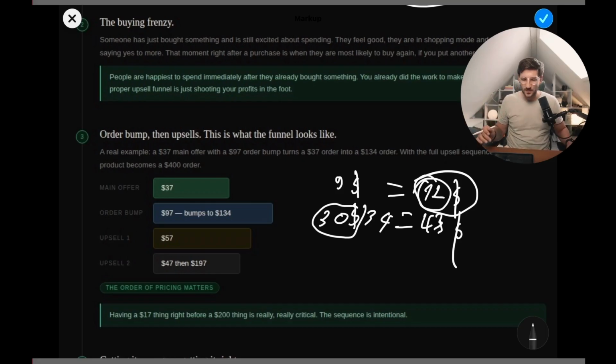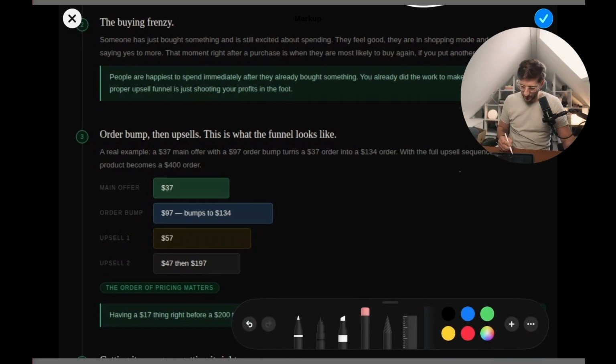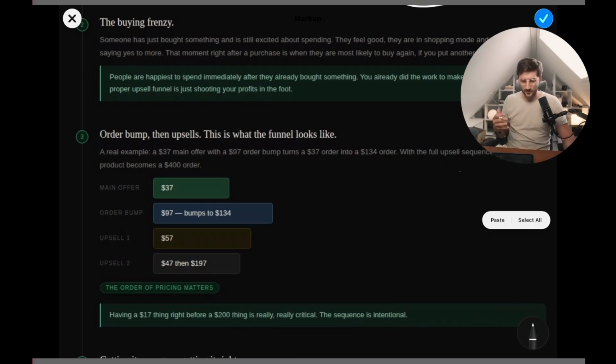Now, there is one thing happening here, which makes a lot of sense. And it needs to be respected somehow in this way. Otherwise, it doesn't quite make sense and you won't have the same way of doing it. Having a $17 product right before a $200 product is critical.